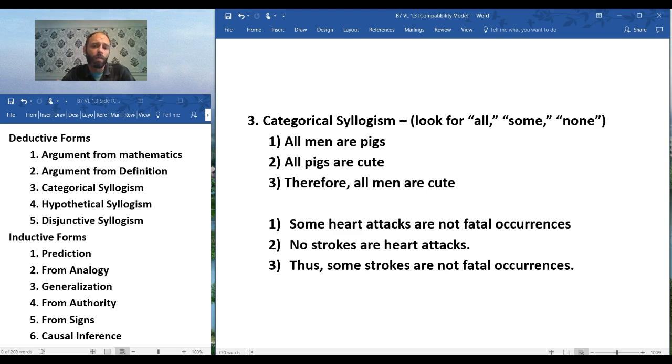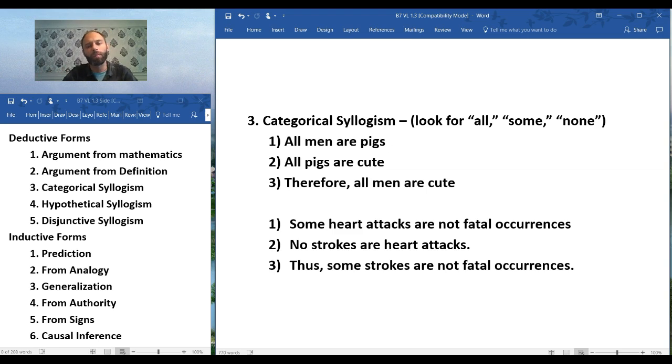So the big hints that you're looking at a categorical syllogism are the words all, some, none, and no, because those would be words talking about how many members of a category have a certain quality.